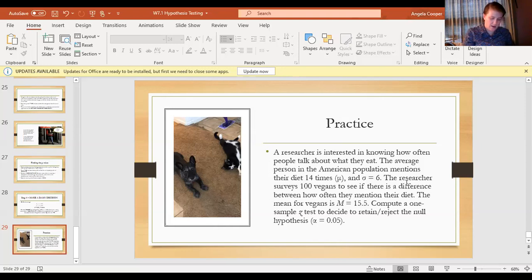Keep in mind, we're either going to have greater than, less than, or not equal to when it comes to the alternative hypothesis. In this case, the researcher surveys 100 vegans to see if there is a difference between how often they mention their diet from the American population. It doesn't say greater than, doesn't say less than, so I'm going to say that it's not equal to.